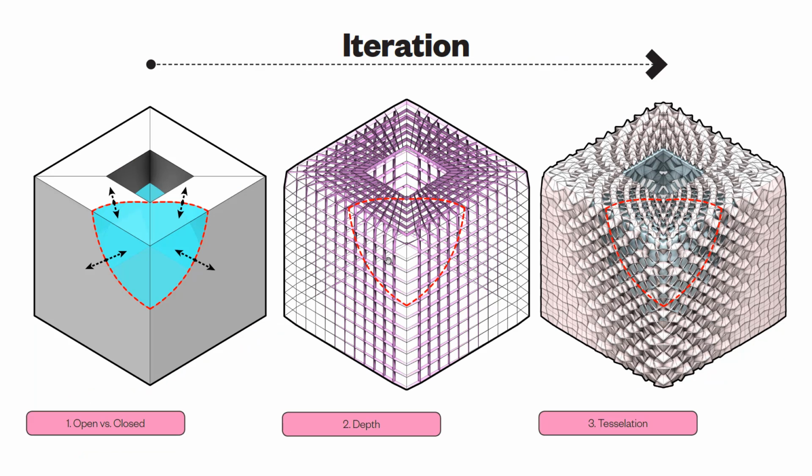We can iterate through various schemes. The first one, the open and closed, is where we define our open surfaces versus our closed surfaces. That edge line dictates what the pattern transformation is. It transforms, in terms of patterning, to its most closed around that edge condition, and then it opens up as it gets further away.